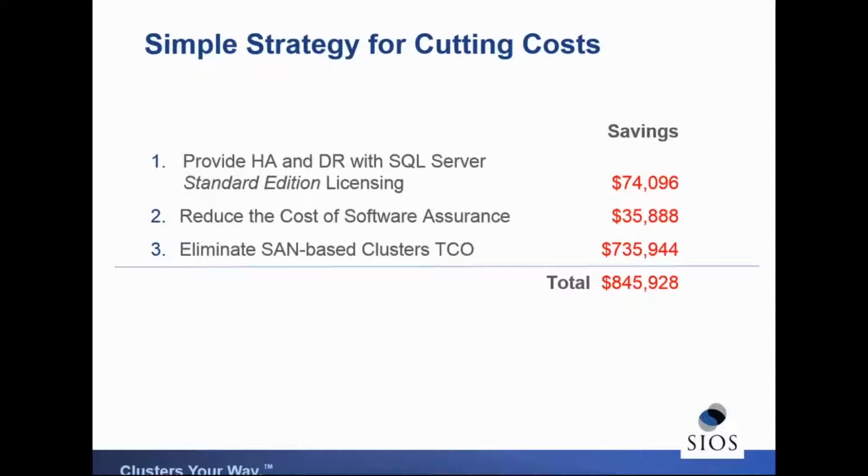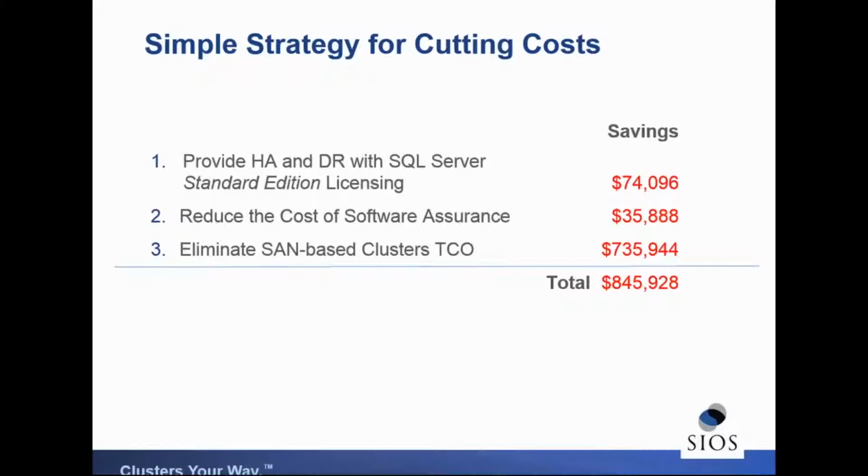Since the 2012 licensing changes, Microsoft has changed the purpose of software assurance, and it encompasses much more than upgrade rights. It's more like a maintenance program. So it's basically a requirement for HA and DR environments, and we'll talk a little bit more about why later.